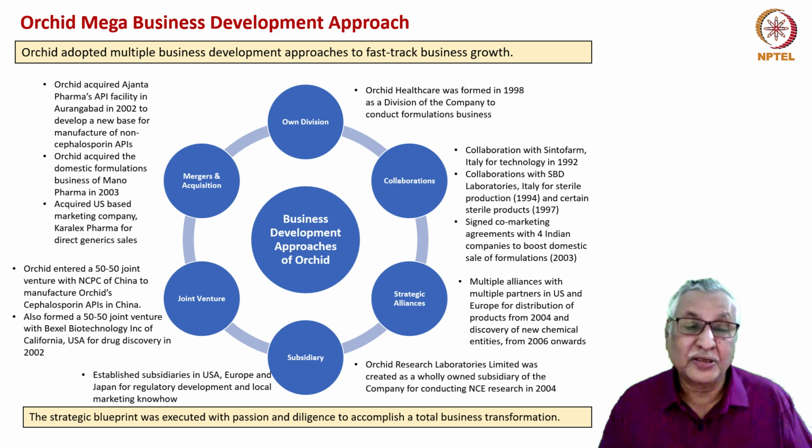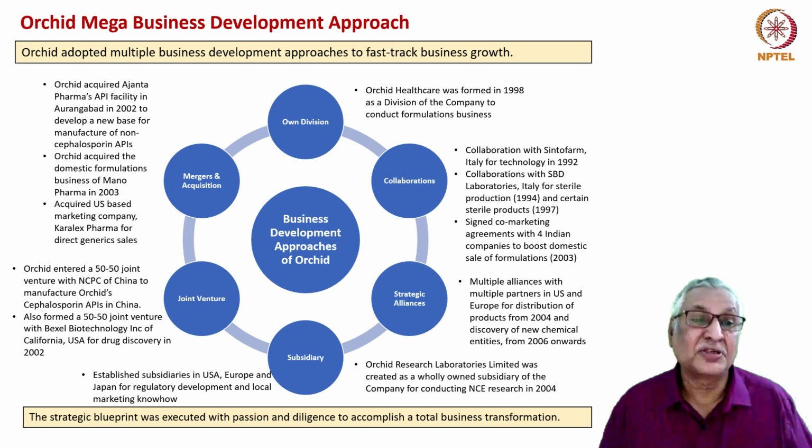While this was happening, lots of facilities were being established in product development and manufacturing domains. Therefore, based on those kinds of capabilities, multiple alliances were struck with multiple partners in the US and Europe for distribution of the products from 2004 and discovery of new chemical entities from 2006 onwards.